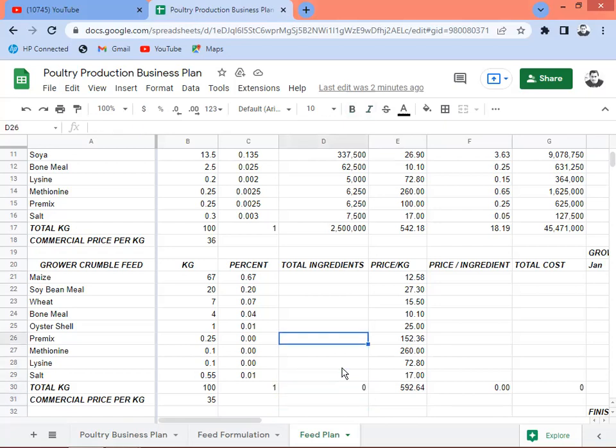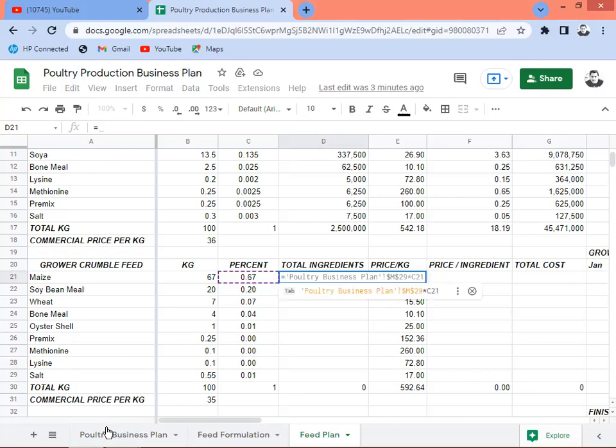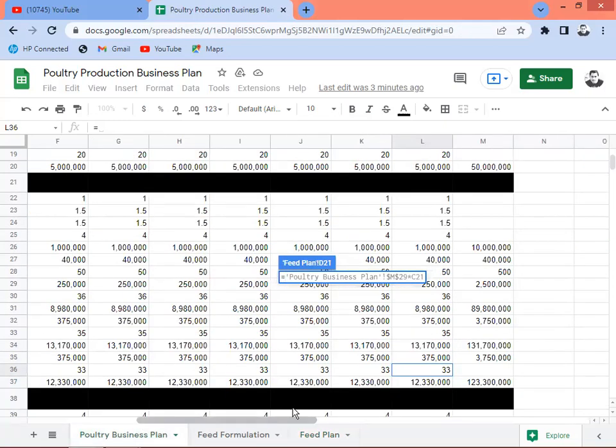So let's plan out the ingredients. What are the ingredients that we are going to plan for? This would be our reference for our procurement planning and our financial budget per month. We're going to get it from the other sheet, the poultry business plan sheet, which is this one.